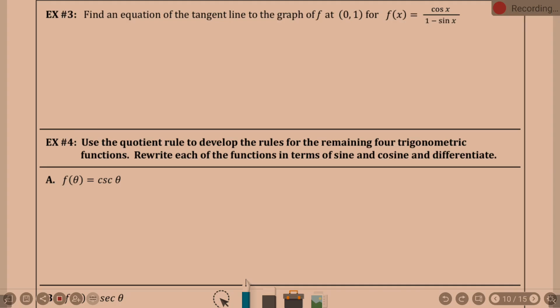We have our point, x y. What is the derivative of cosine x over 1 minus sine x?